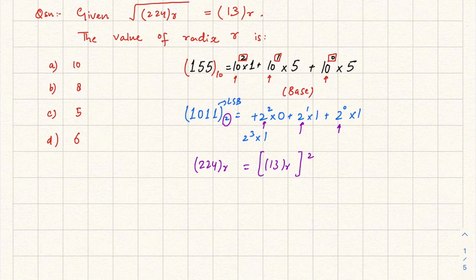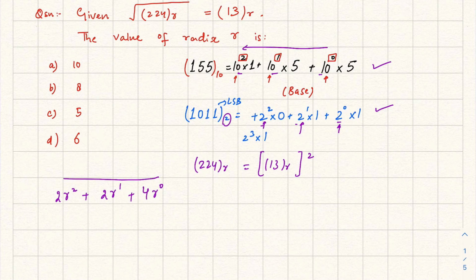Extending the concept we learned in examples 1 and 2, I could write this as 4 into r to the power 0, 2 into r to the power 1, and 2 into r to the power 2. Why is it like that? Because r is like the 10 we had here, or the 2, and the powers move 0, 1, 2 in the same way.